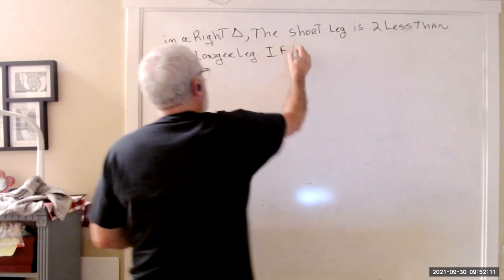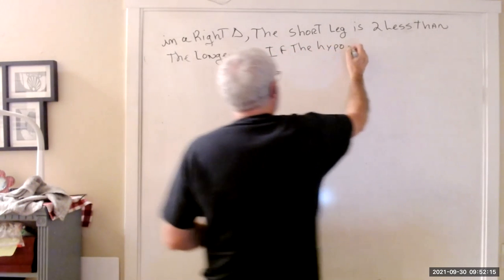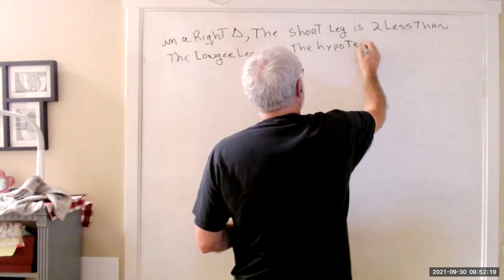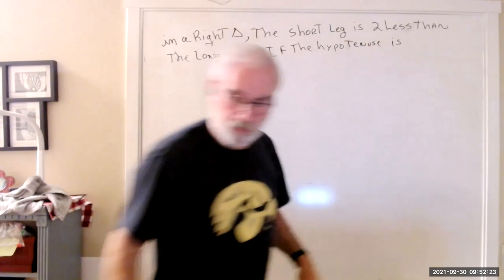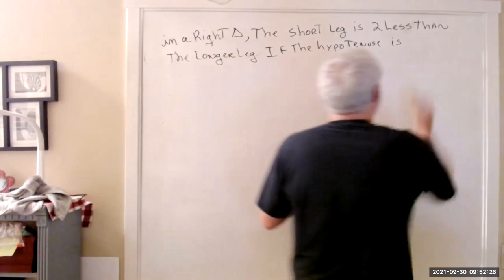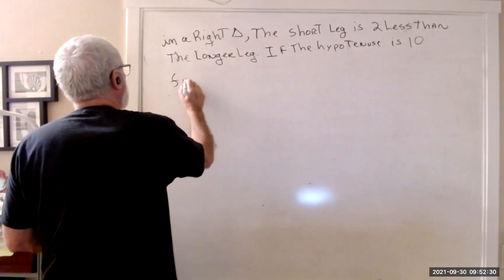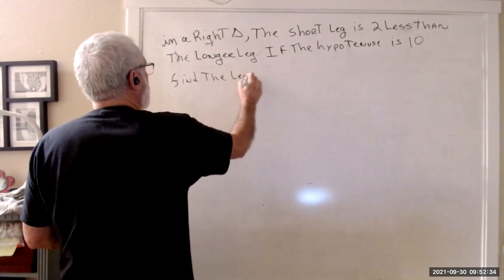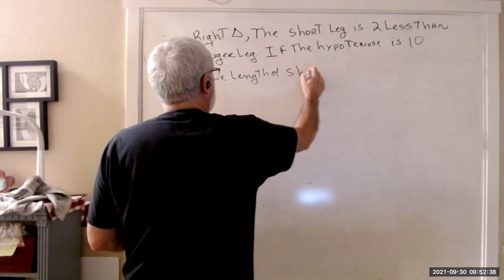If the hypotenuse is 10, find the length of the short leg.